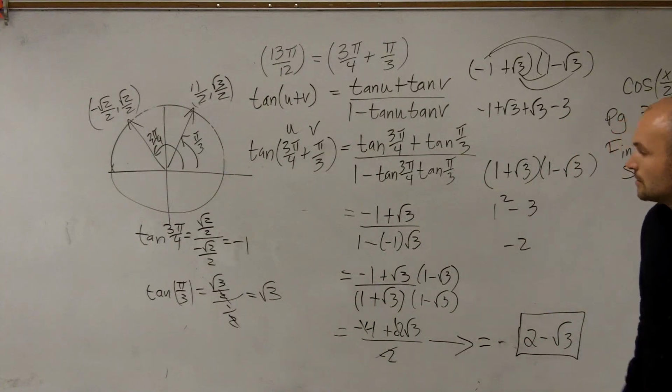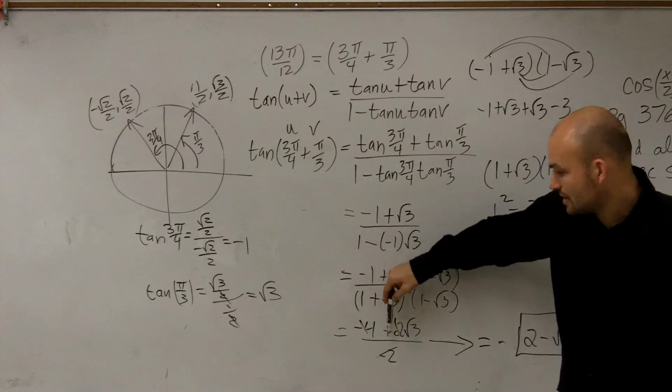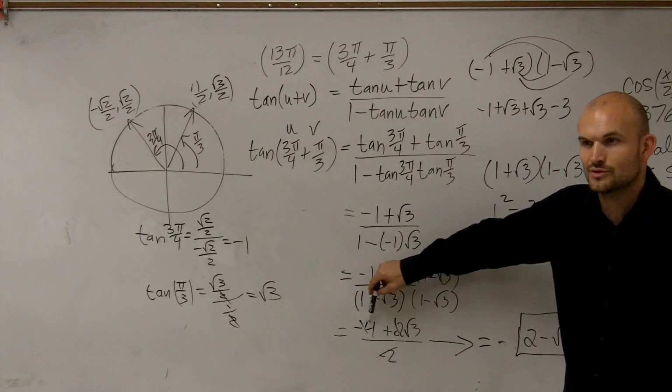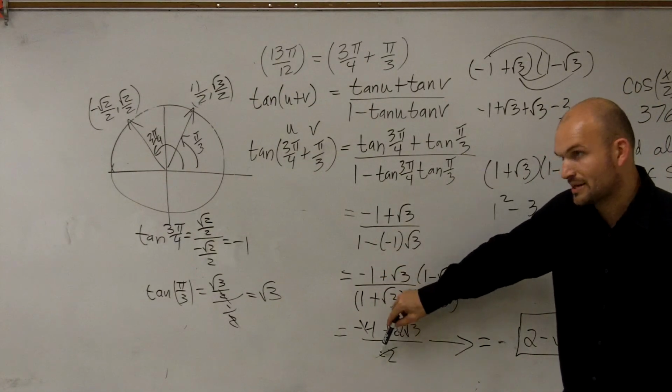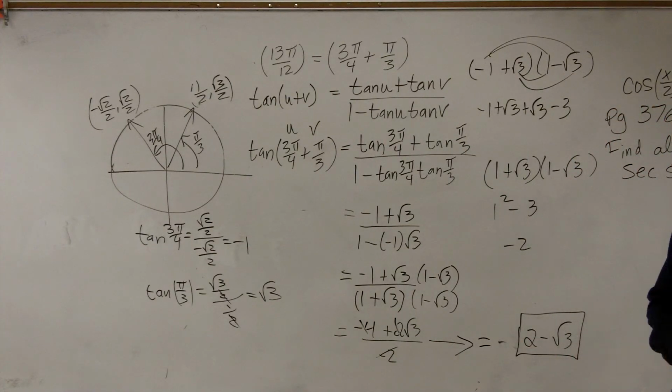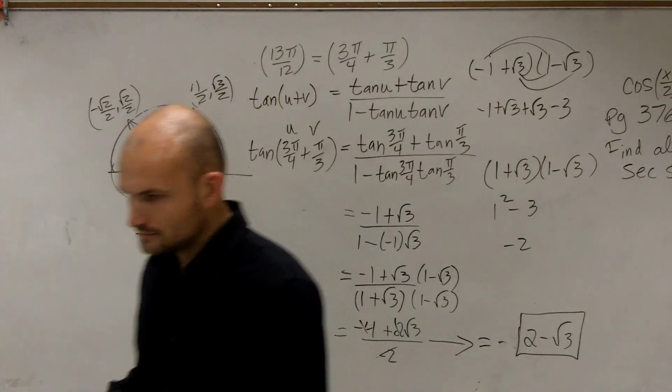What happened to the factoring? Everything divides in, so you can just divide out your 2. You're dividing by negative 2 in both terms. So negative 4 divided by negative 2 is positive 2, and 2 divided by negative 2 is negative 1. So you just divide everything by negative 2. Okay? Yes?